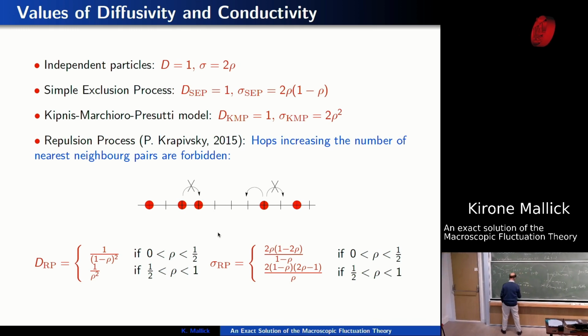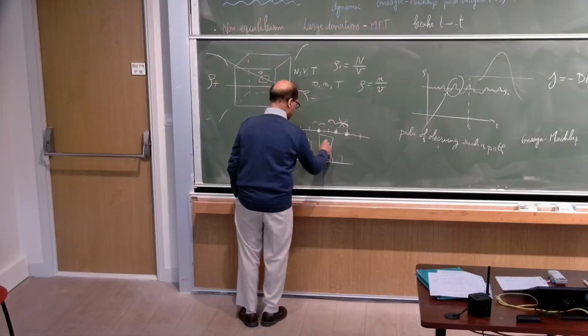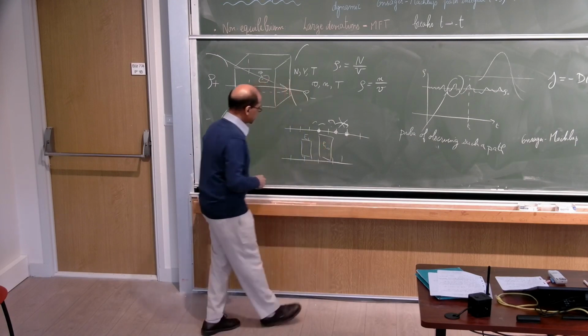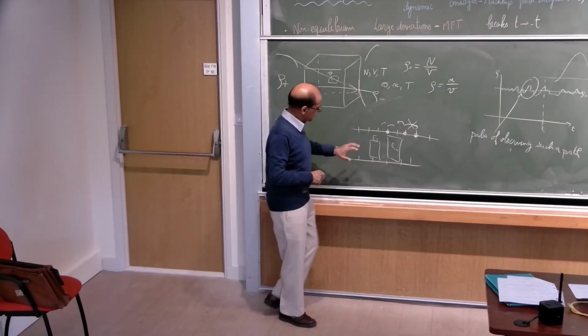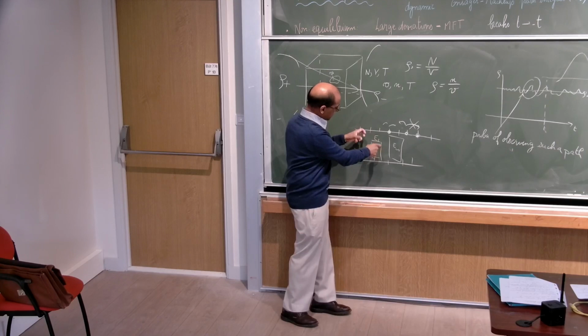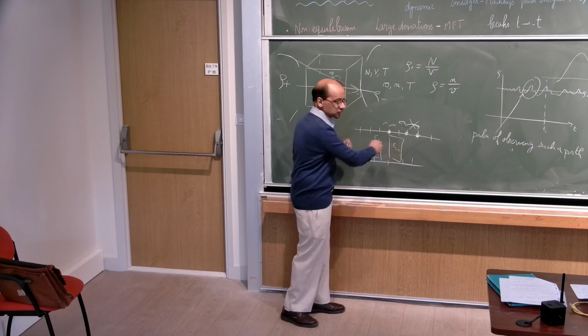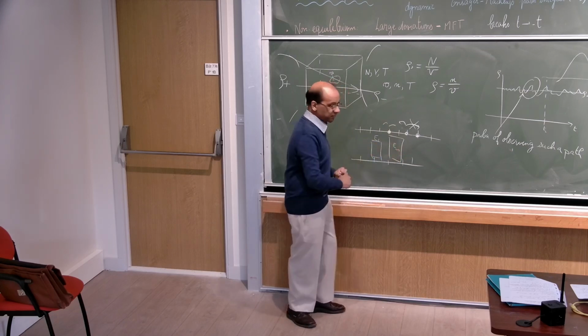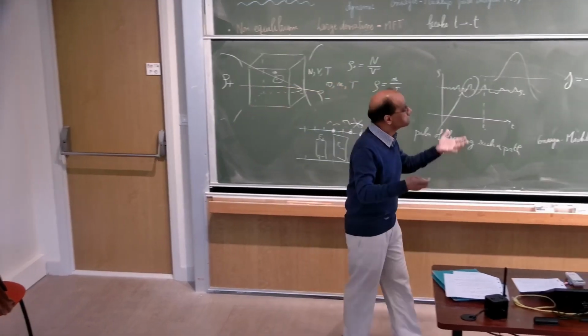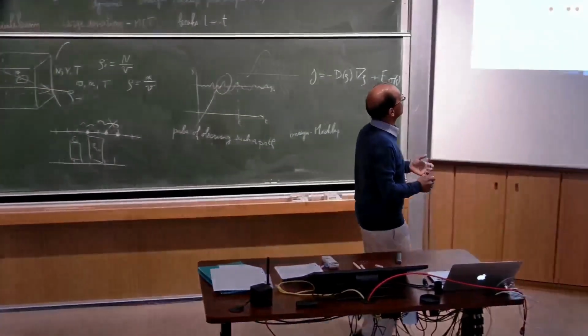You put a certain amount of energy, a continuous variable, E_i, on site i. The dynamics is that at each time you select a site, you break the energy E_i into two parts, E_i1 and E_i2, arbitrarily, and you give this energy to the two neighbors, and you evolve like that. D is 1, sigma is 2 rho squared.